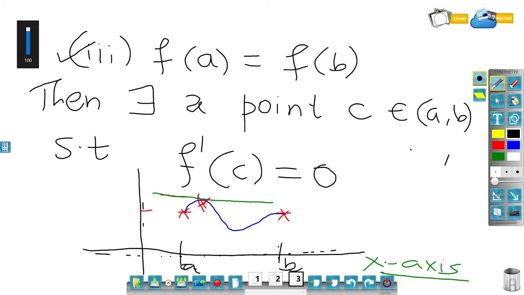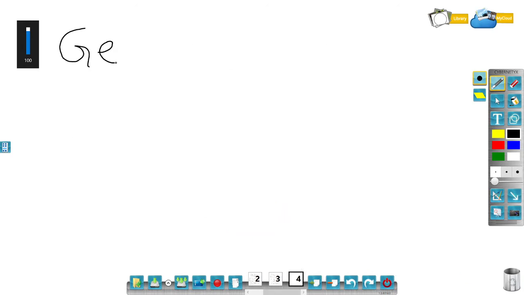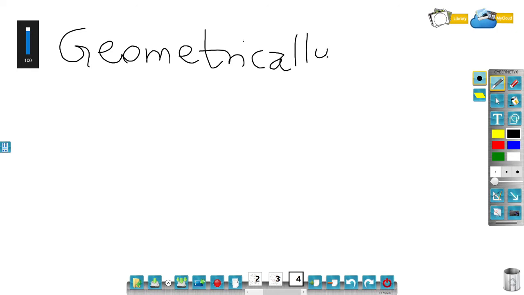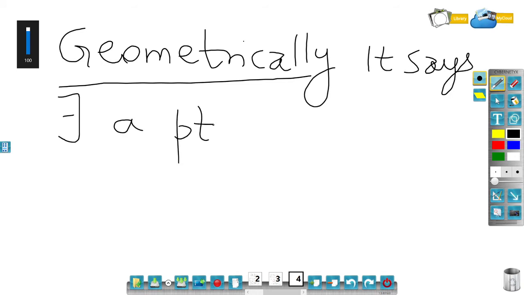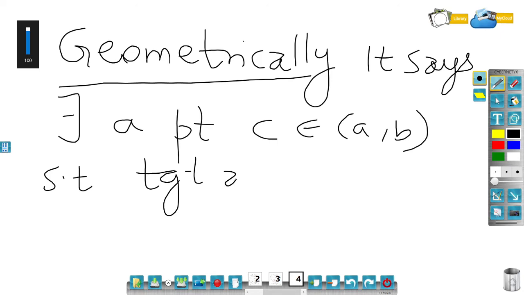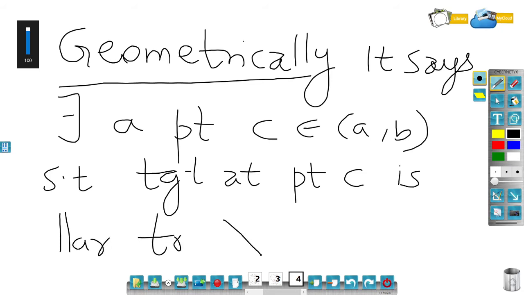So geometrically it says there exists a point c belonging to the open interval (a, b) such that the tangent at the point c is parallel to the x-axis. So there exists a point.